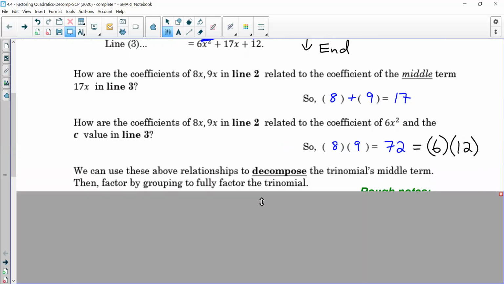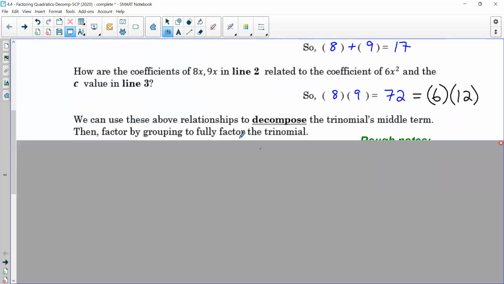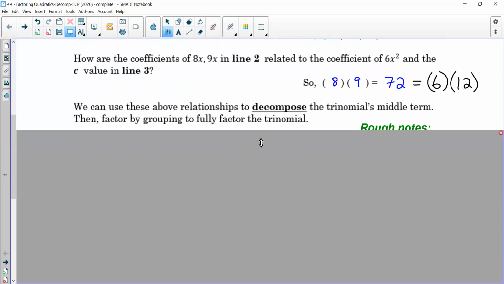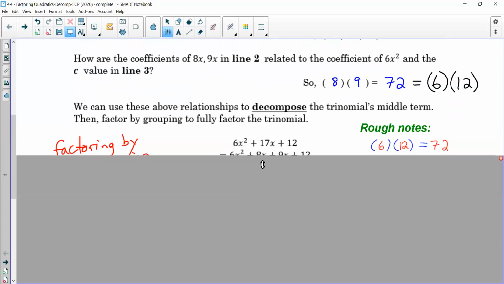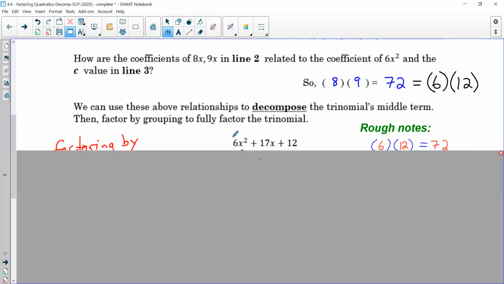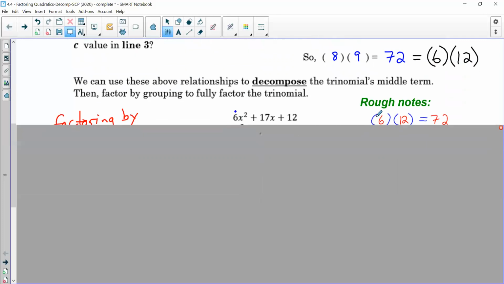And so what we're going to do is we're going to try to decompose the trinomial's middle term. That's what the language comes from. So let's take a look. So if we start off with the trinomial, a value not equal to 1, here's what we want. So we examine numbers using the a and the c, we get a 72.